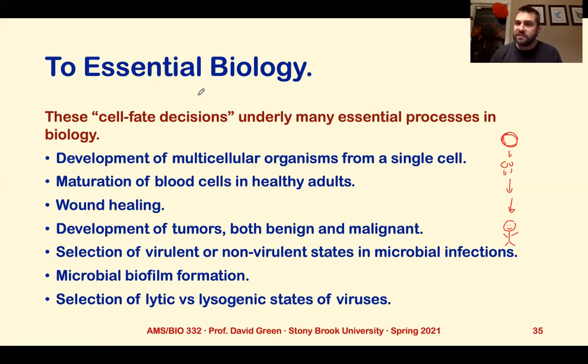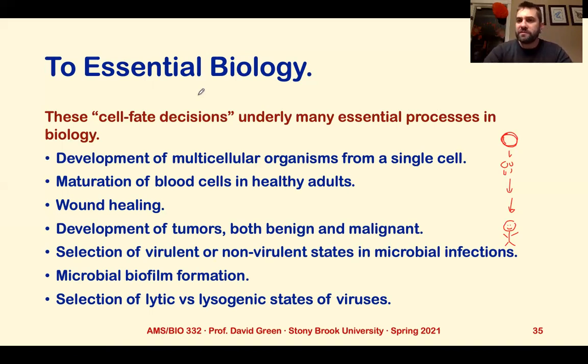And these cells go through a differentiation process, some of them becoming red blood cells, some of them becoming platelets, some of them becoming all of the various types of white blood cells. This cell fate decision process is happening over and over again.